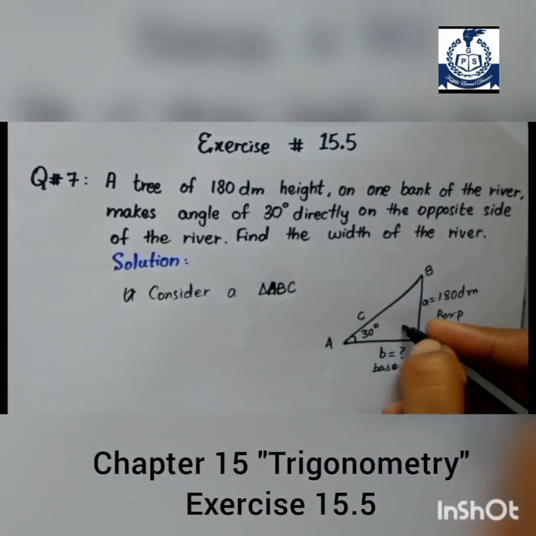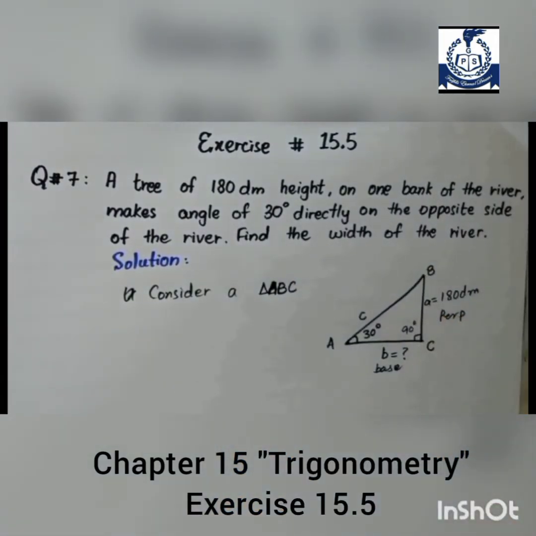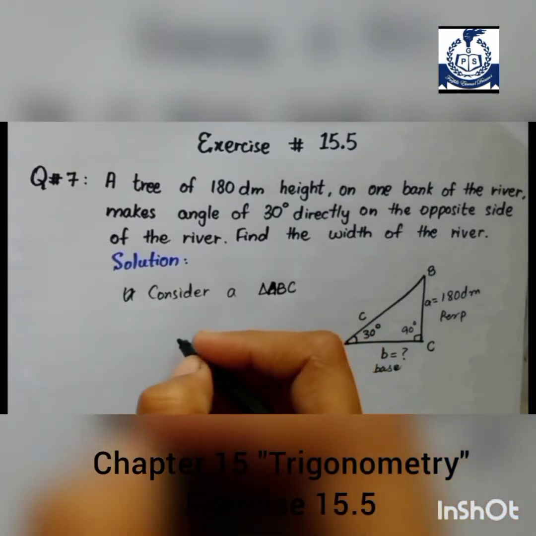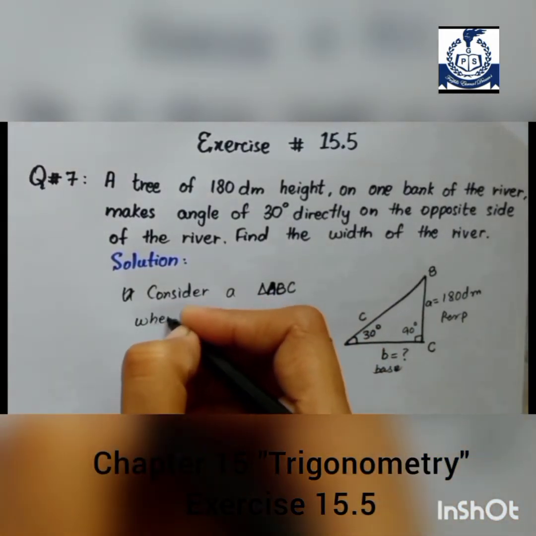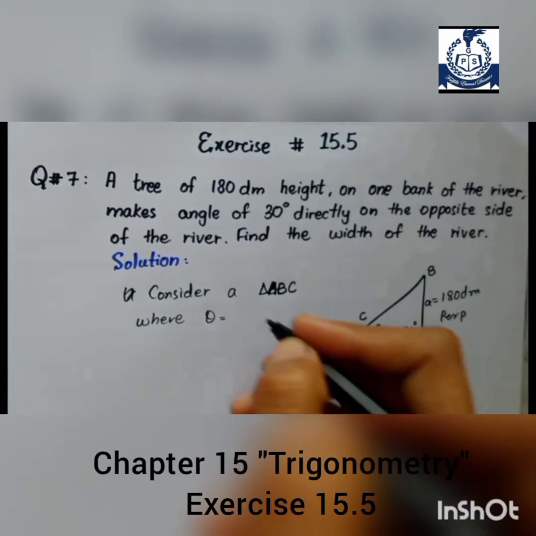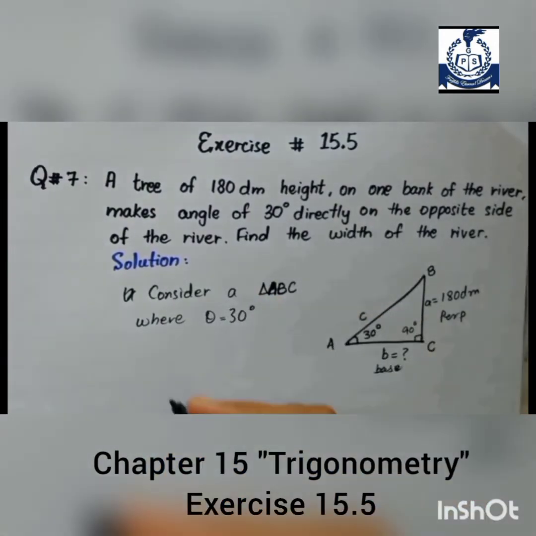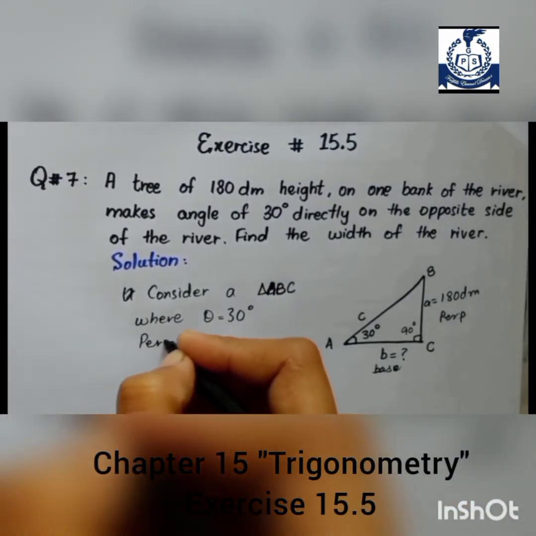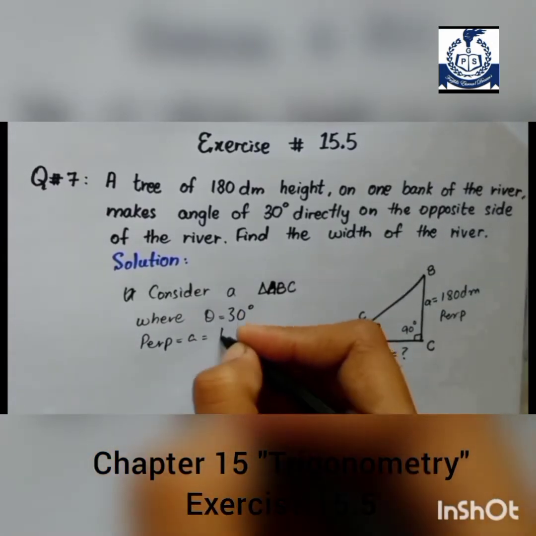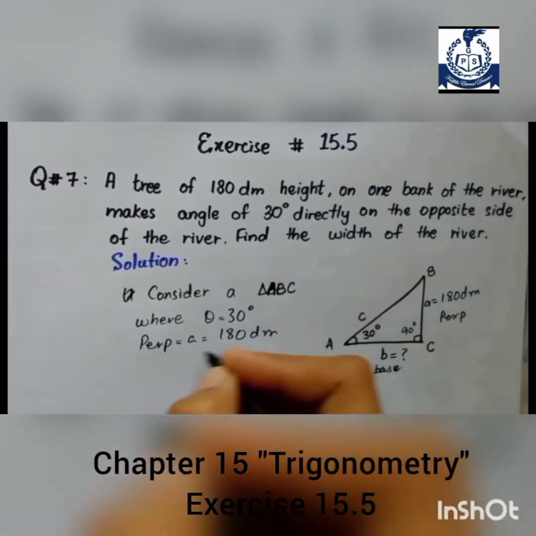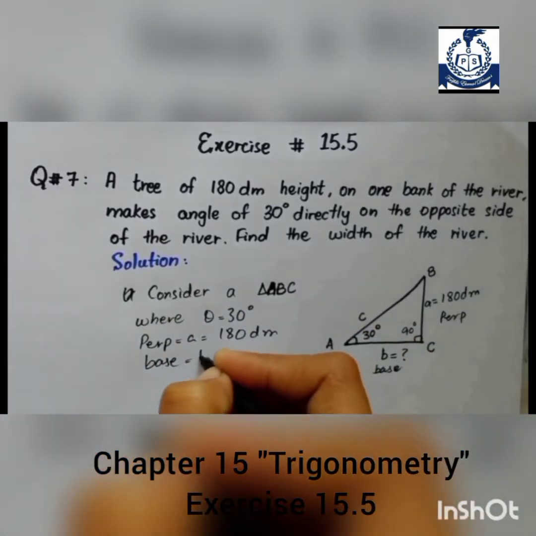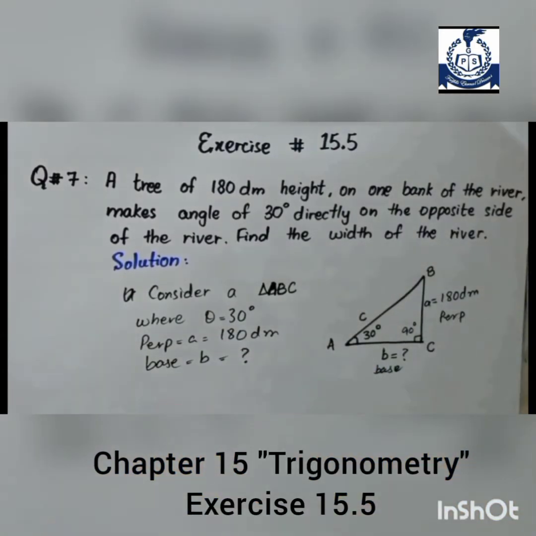Okay, so here the perpendicular makes 90 degrees, where we know theta is equal to 30 degrees and the perpendicular, which is small a, is 180 dm. We need to find the base, which is small b and is the width of the river.